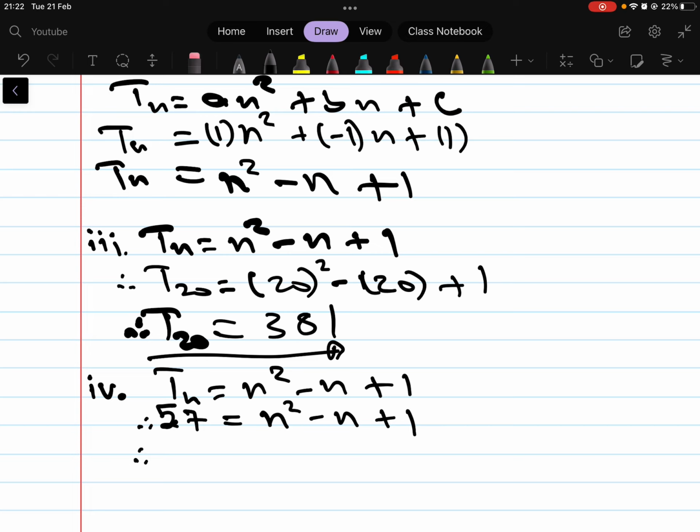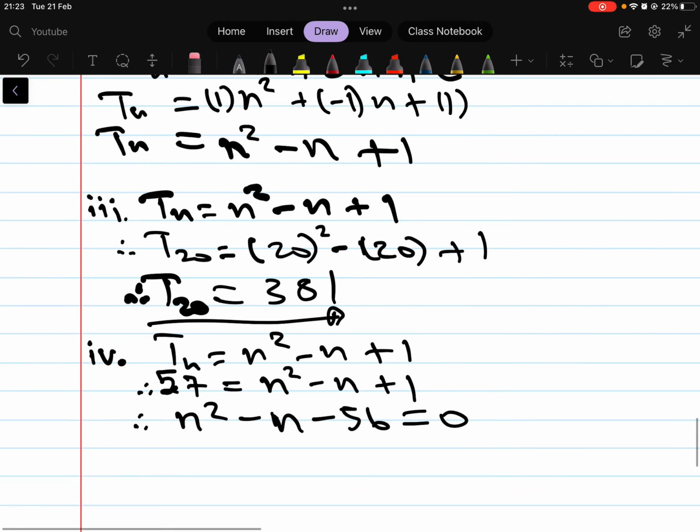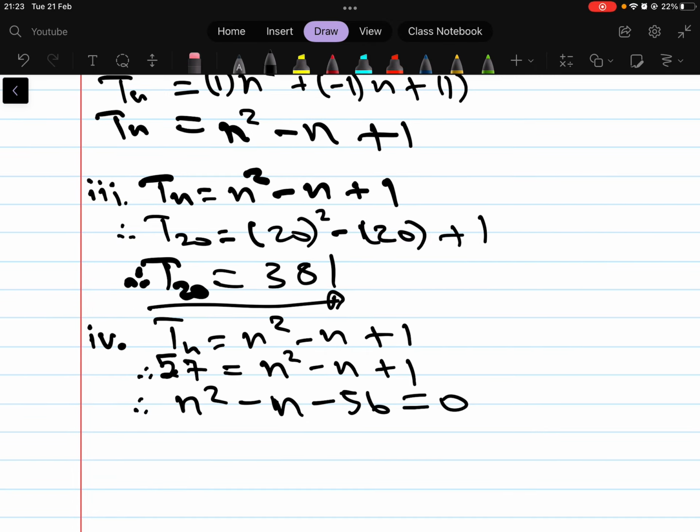We can just take 57 to the other side and simplify. Minus n. 57, when you move it to the other side, is basically 1 minus 57, which is -56. And then now we just flip the whole thing so that 0 can go to the right hand side, because usually mathematicians feel better when things are like that.